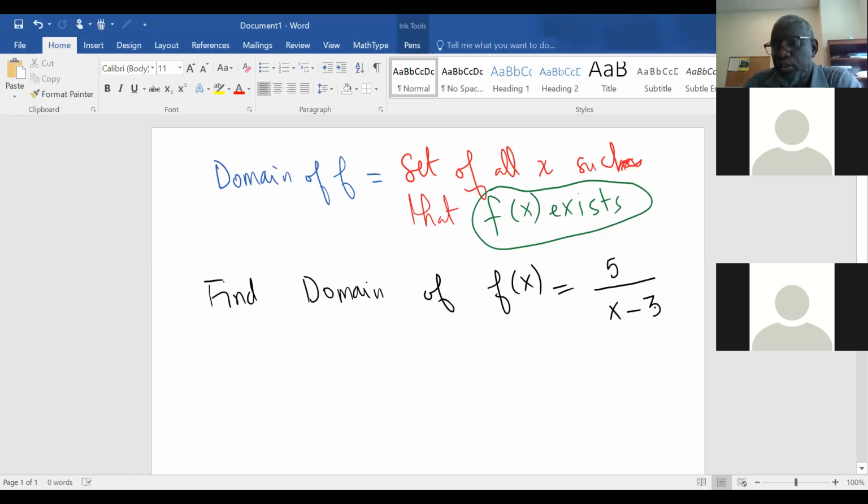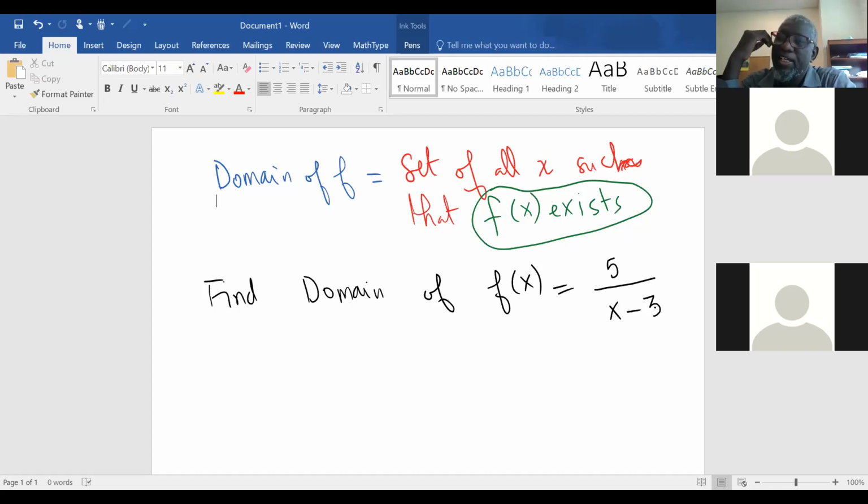So we want to find all the values of x such that f of x exists, okay? Since those x's can be trillions, billions of x's, it's easier to find all the x that are not in the domain, you see?